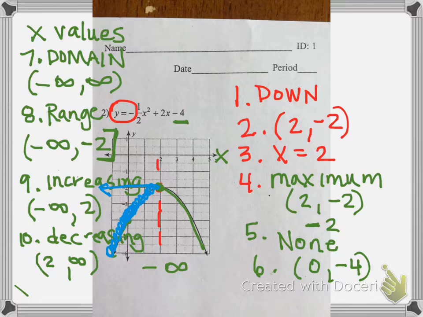Here's where y is increasing, where it's blue. But the x values are how you answer, and that's -infinity to 2.